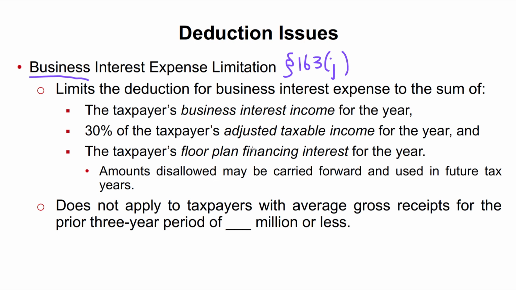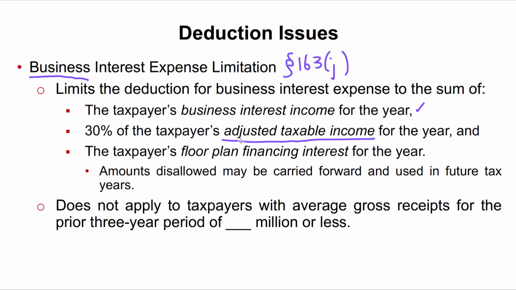Now, this specifically limits the deduction for business interest expense to the sum of the taxpayer's business interest income for the year, 30% of the taxpayer's adjusted taxable income, and the taxpayer's floor plan financing interest for the year. Wait, hold up. Remember, I just mentioned that adjusted taxable income is calculated differently for all these provisions, so we're going to have to examine that in more detail.